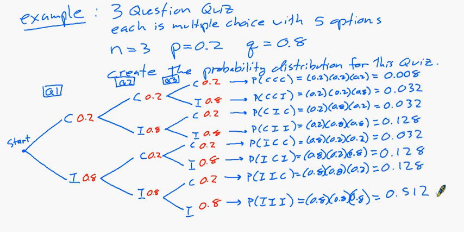And there they are. And we actually only have 3 different numbers. 0.008, 0.032, that is a bunch of places. 0.128, that's a bunch of places. And 0.512, right? So things are going to simplify pretty nicely, and this is exactly why we are able to get an equation. We can do a quick check, make sure that we got it all. If we add this up, what should we get? Right, 1.